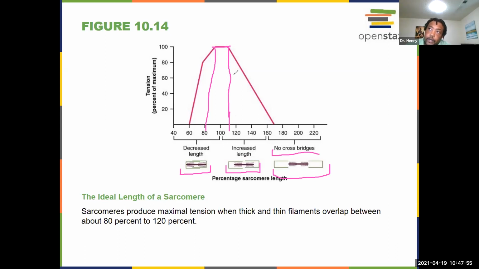It says 80 to 120 in the book, which I don't know about, it's more like 110 to me, but according to the book, 80 to 120 is where we get the maximum tension. So at maximum tension, it's going to be between the decreased length and the increased length, like the lower half of the increased length. So we're going to have a little bit of overlap.